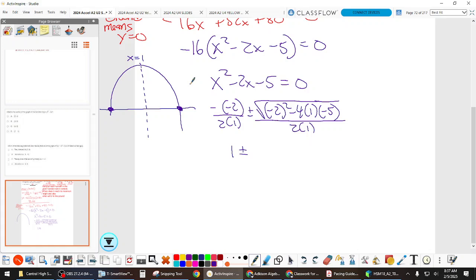I should, by the way, note this is all x's. When we start doing the quadratic formula, it's x equals 1 plus and 1 minus. Okay, so we get 4, and then this is 20, so the square root of 24. And if we simplify the square root of 24, what can we do with that?